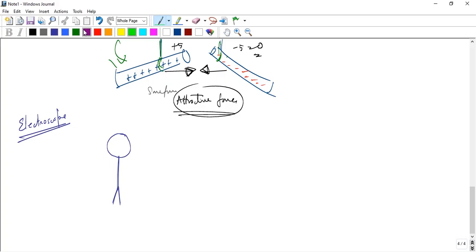This is an electroscope to check whether a body is neutral or charged, whether some charge is present in the body. When a positive glass rod touches the bob, the bob gets positive charge.